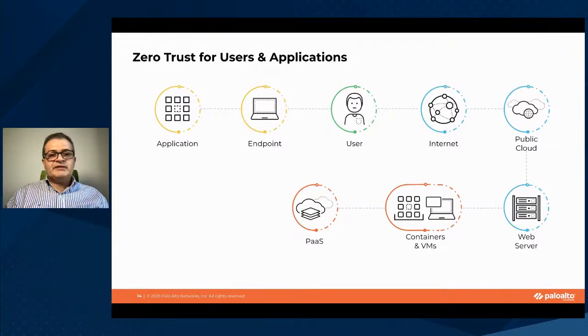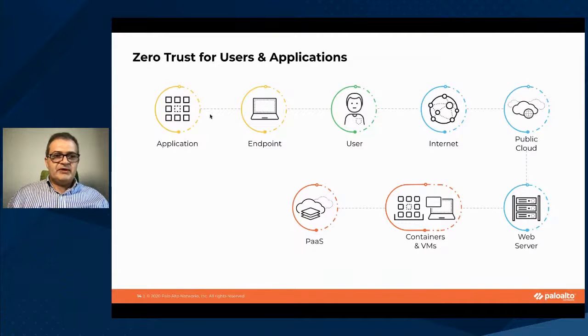So someone might say this is an overkill. We're looking at users, applications, and infrastructure. That is too much. But let's take a real world example. So this is a user who's using his device, his laptop.